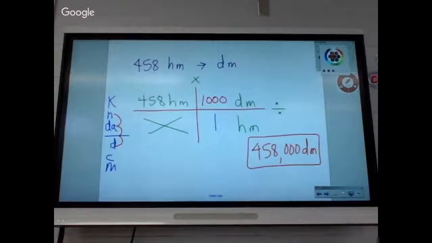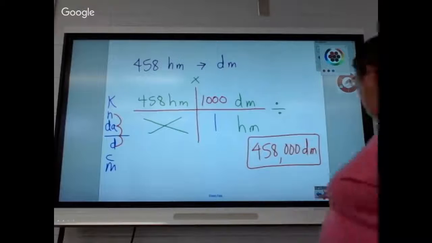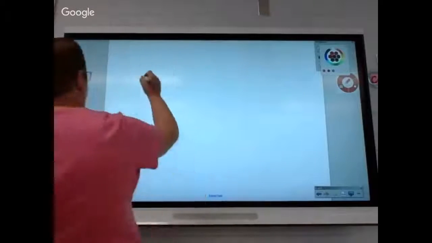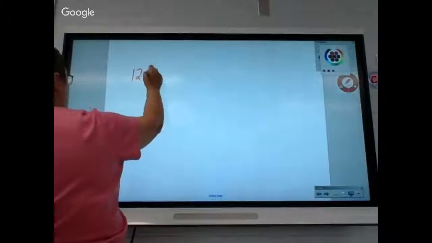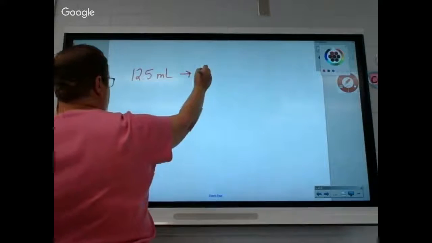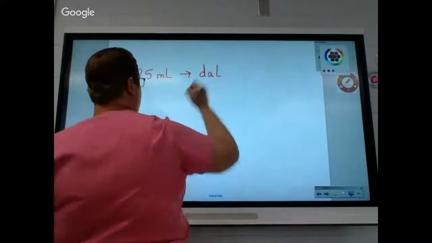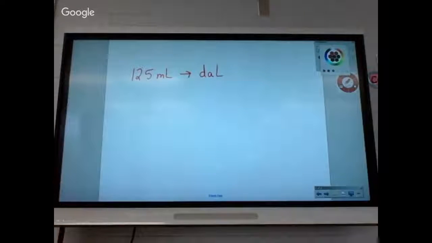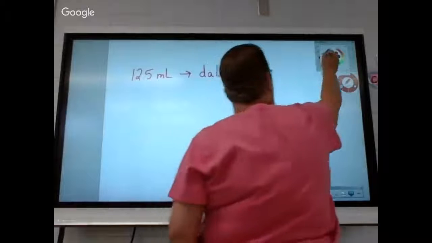All right, can we try another one? All right, so let's say that this time we have 12.5 milliliters, and I'm going to deciliters. All right, what do I do first? Okay.